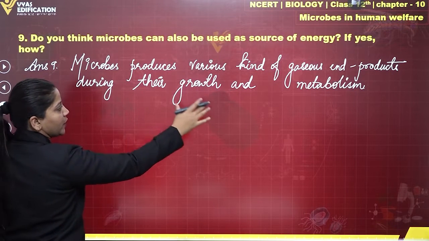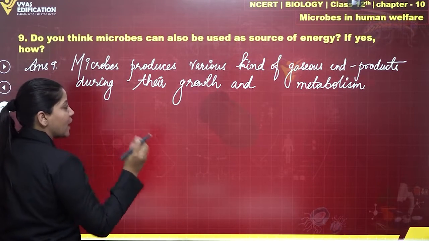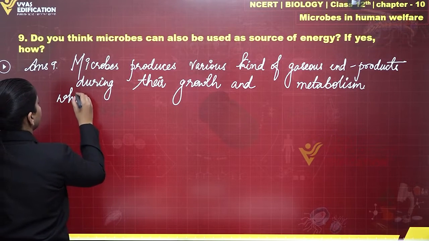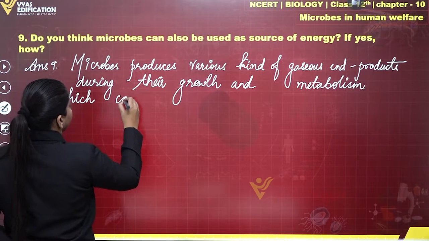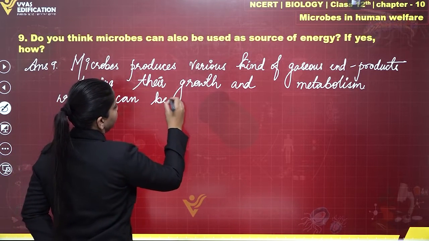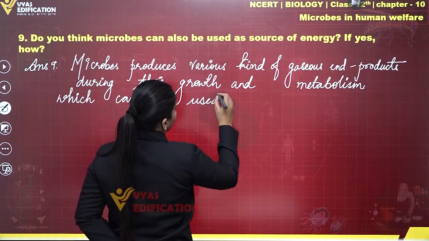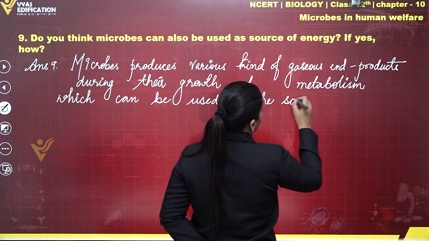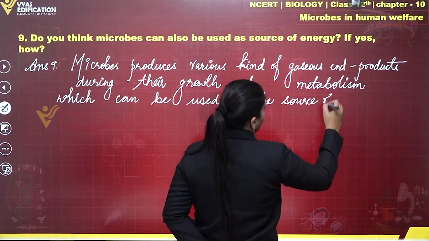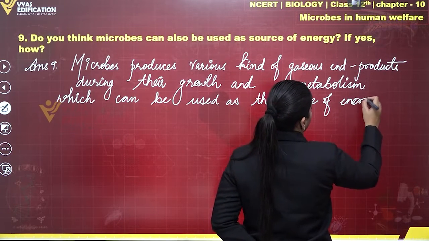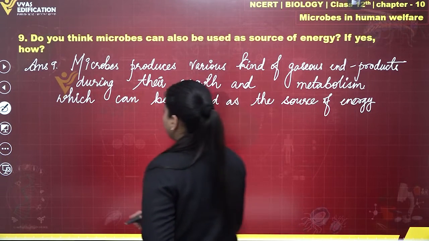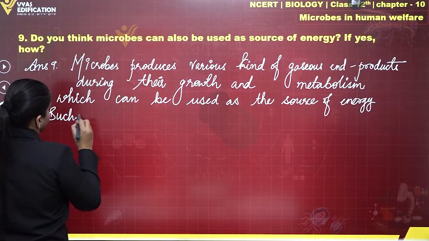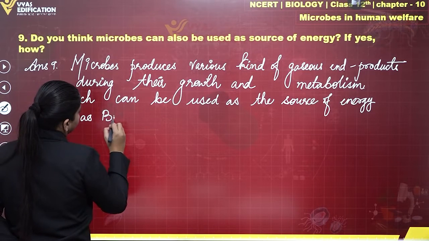Microbes produce various kinds of gaseous products during their growth and metabolism, which can be used as a source of energy, such as biogas.